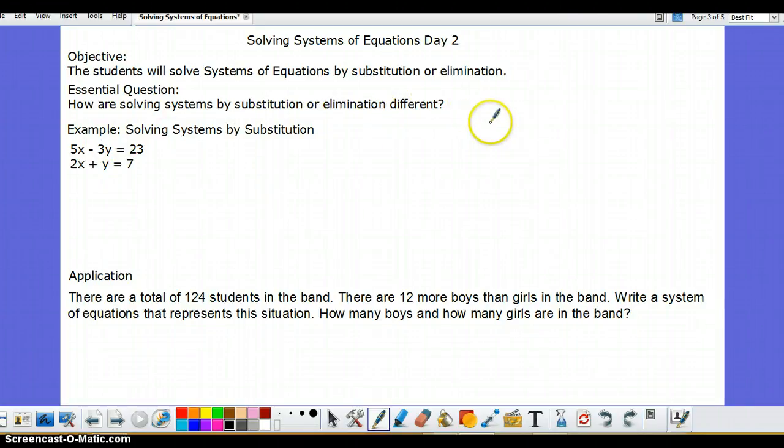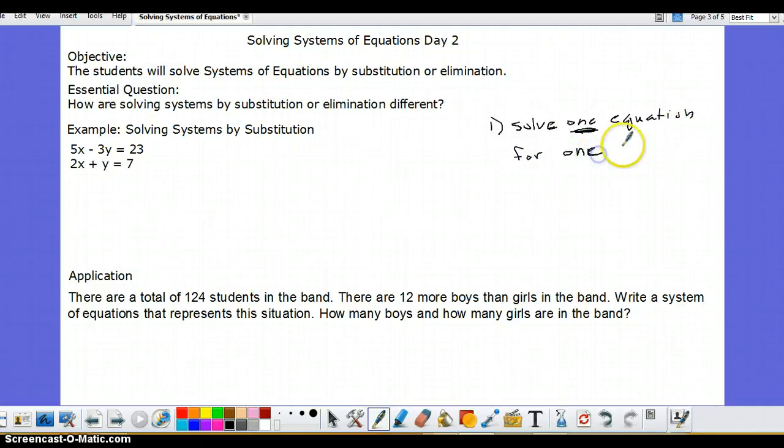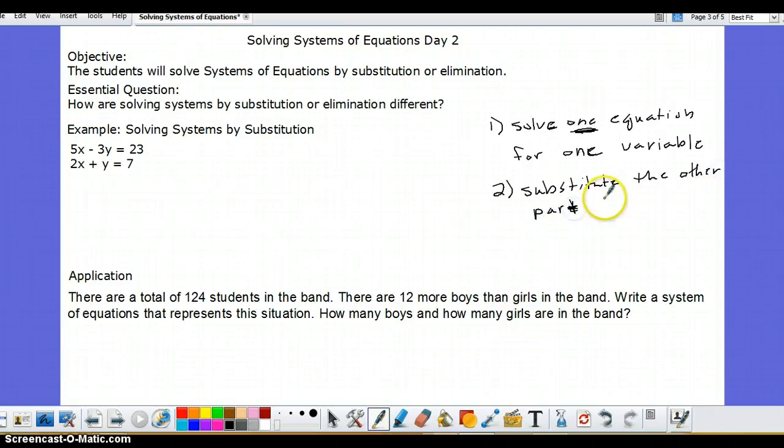Alright, so with substitution we want to first solve one equation, only one equation, for one variable. After you do that, you substitute the other part for that variable.